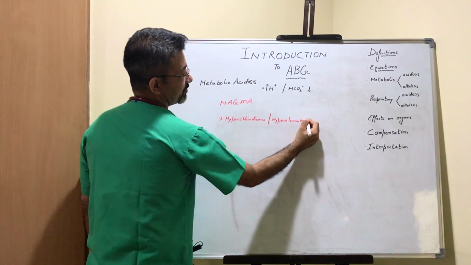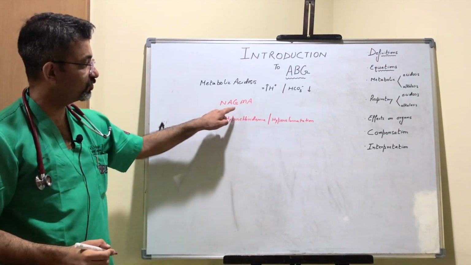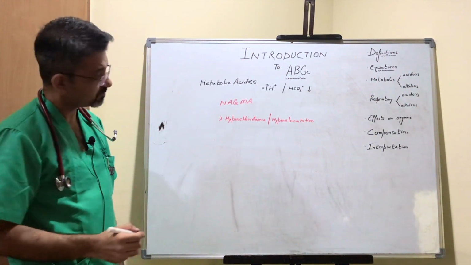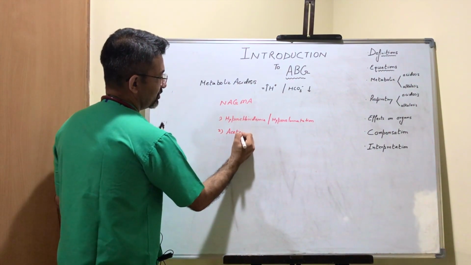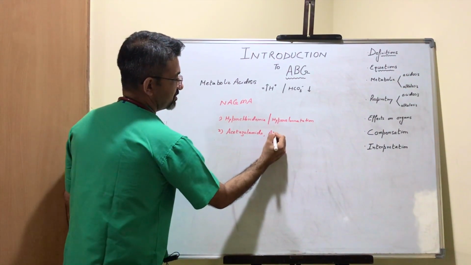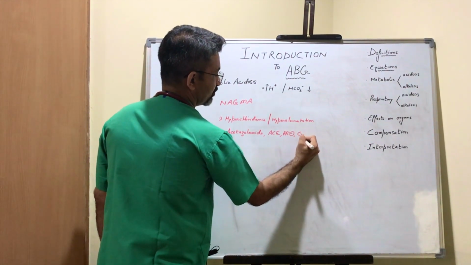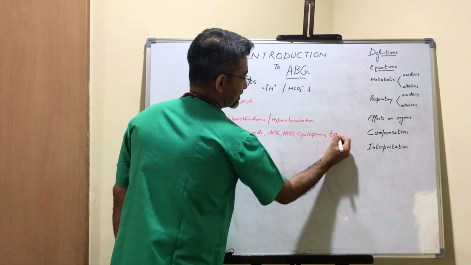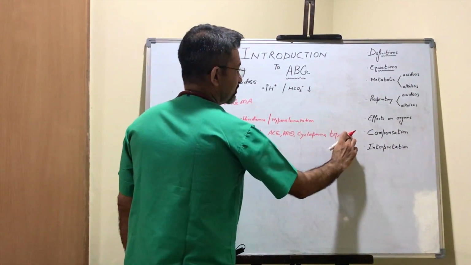That means you are infusing TPN to a patient. So that patient can produce normal anion gap metabolic acidosis. Next is acetazolamide and some other drugs: acetazolamide, ACE inhibitors, angiotensin receptor blockers, cyclosporin, topiramate. So these are the drugs which are implicated in development of NAGMA.